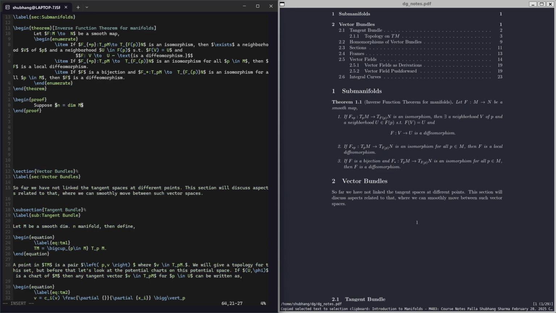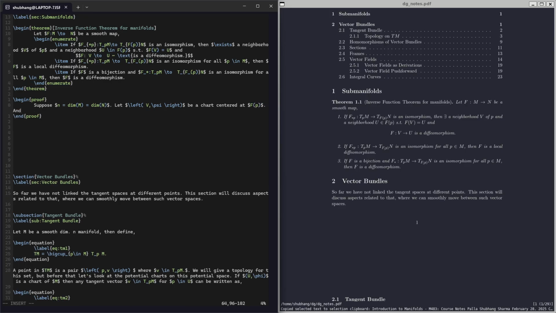Dim M equals dim N, and let (V, psi) be a chart centered at f of p, and (U, phi) be a chart centered at p.